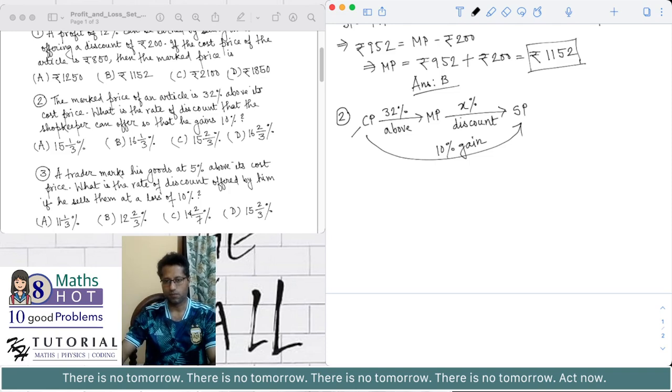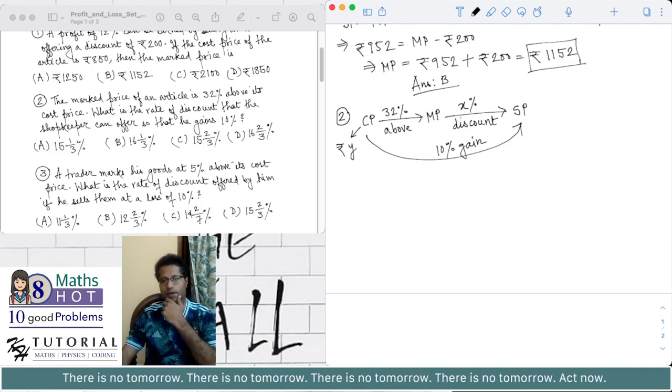So we have to assume the cost price as some unknown variable, even though this variable will not be used. We need not find the value of this Y. It will anyway get cancelled, so do not worry. For the sake of easiness of calculation, you can always assume an unknown quantity to be some variable. If that variable is indeed not required to solve the problem, it will get cancelled.